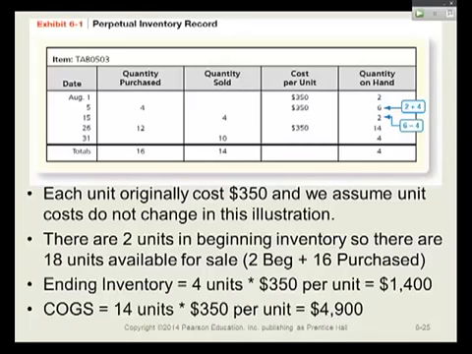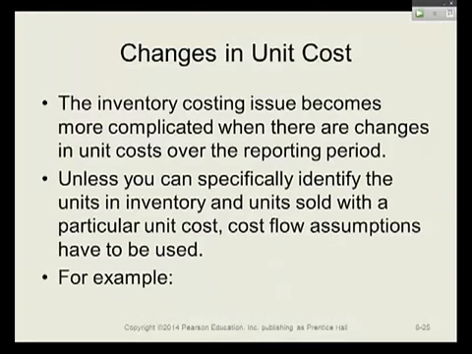Now, moving to a realistic problem where unit costs change every time you buy a unit, we have to think about a way to make that allocation. How do we make the allocation? Do we specifically identify, do we know, for example, the cost of the units that we sold? I mean, if the prices are changing, how do we know which ones we sold? If not, we may need to make some cost flow assumptions.